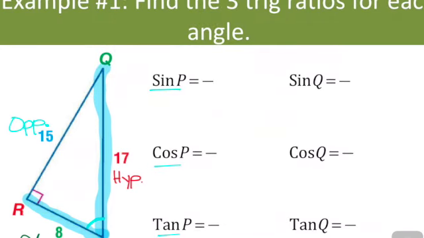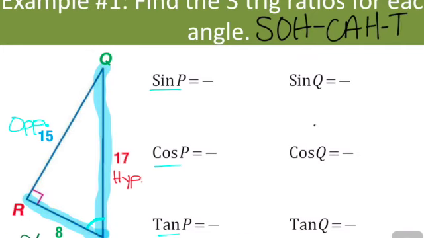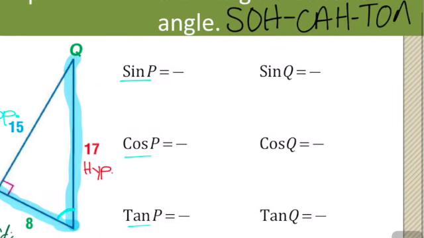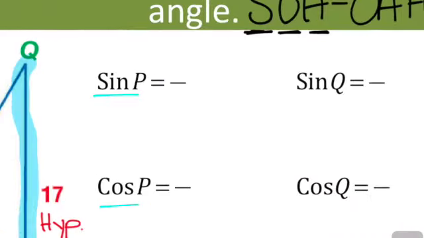So let's write it up on the top. So ka toa. The sine is the opposite divided by the hypotenuse. My opposite side in this case is 15, so I'm going to put a 15 here at the top.